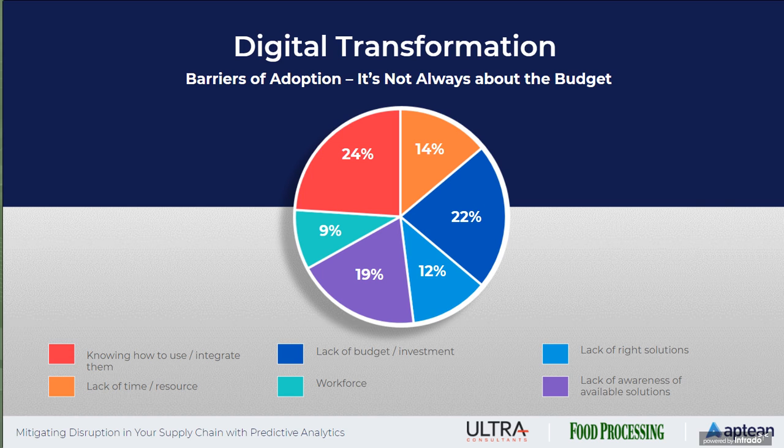So when you add those together, that's over 40% of the barriers to adoption. And hopefully, things that Ultra is doing, hopefully things that Aptean is doing, and other thought leaders in the industry are doing is helping food and beverage companies overcome this barrier, so then they can address digital transformation and not lag behind within the industry.